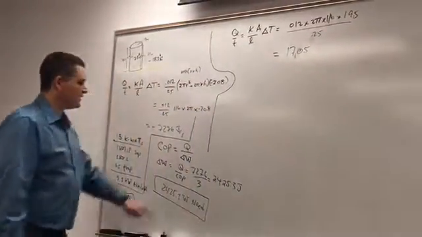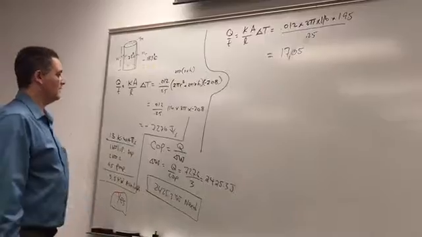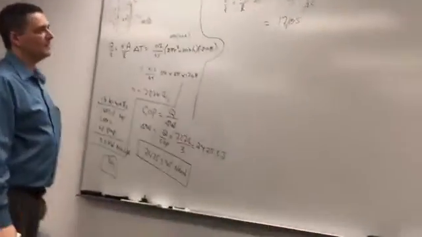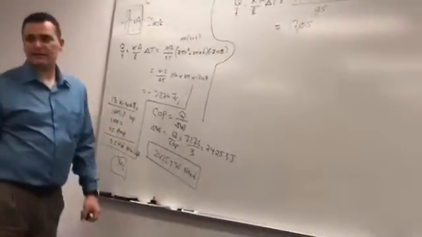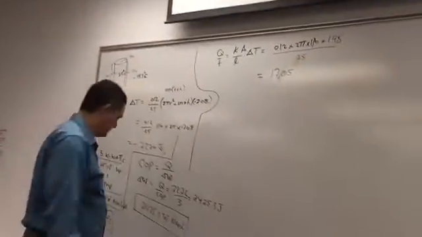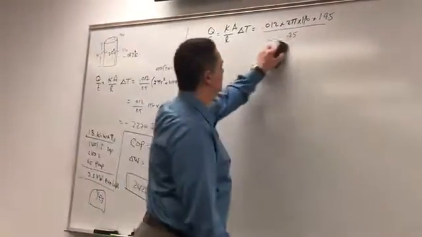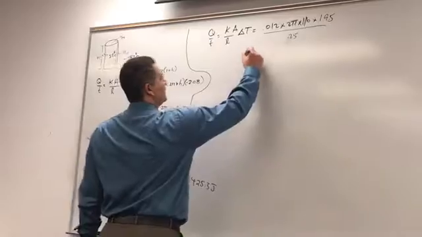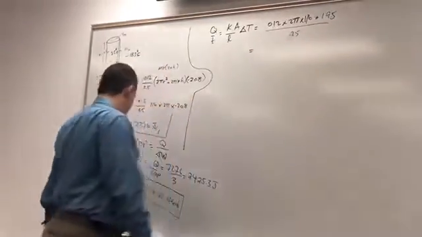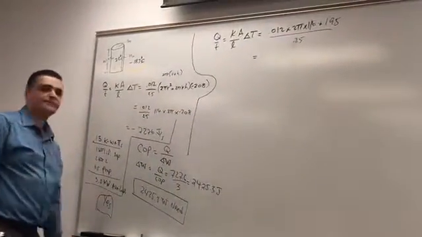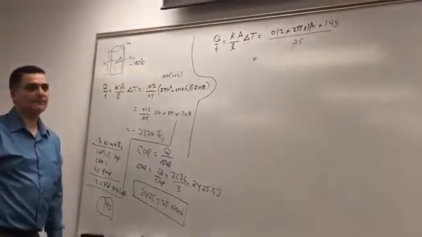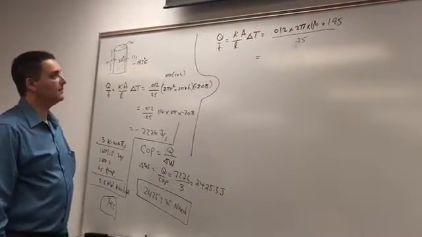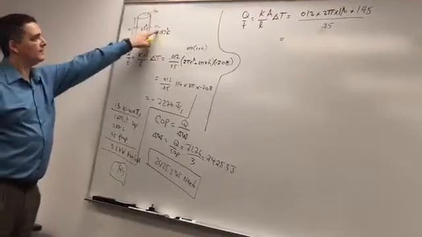Wait, how did you get 7276 here and then 1,705? Did you forget to divide by the 0.25? I did. So the units for 0.25, is that meters? Yeah, it's half a meter thick, so it's in meters.